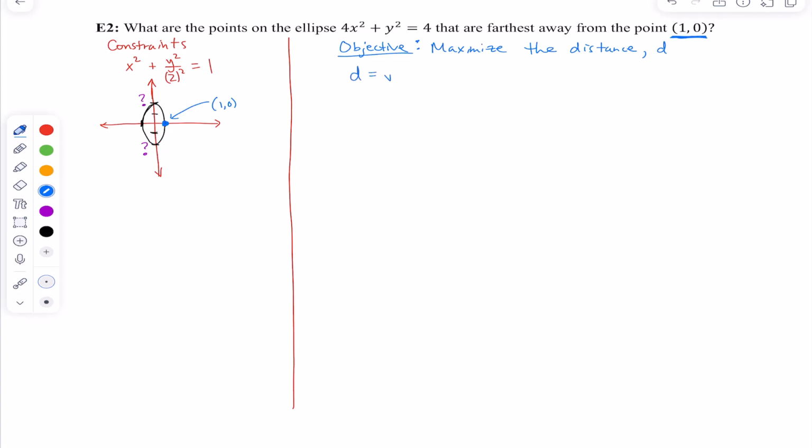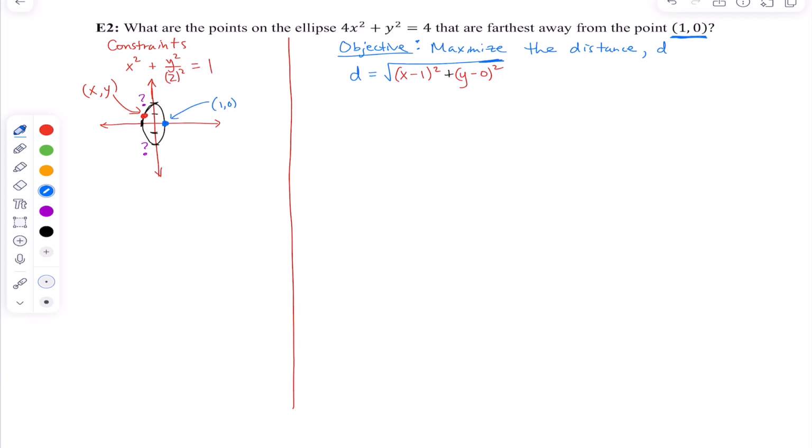So if you write the distance formula, the distance between 2 points, hypothetically, I could label a point on the ellipse x comma y, and the distance between the 2 points would be the square root of x minus 1 quantity squared plus y minus 0 quantity squared, where x, y is an arbitrary ordered pair on the ellipse.